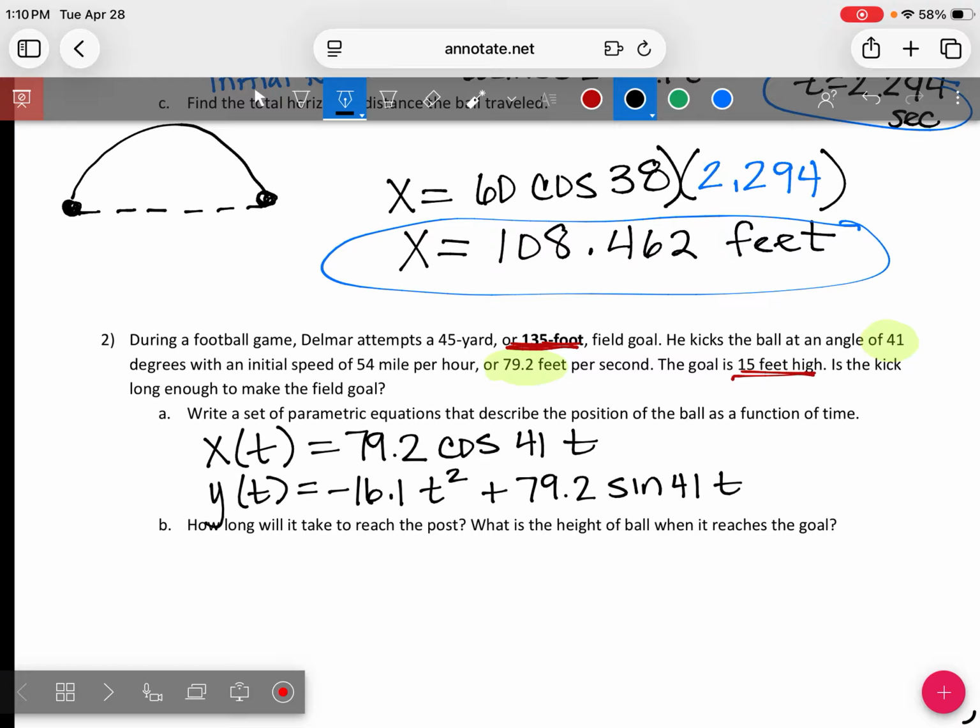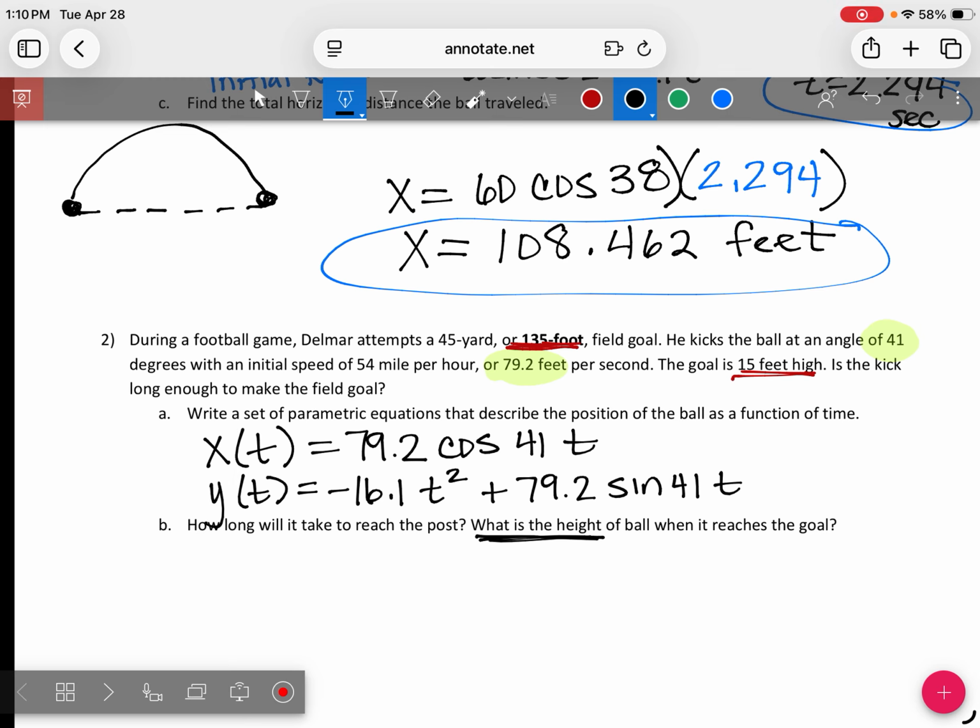So we need to know how long it will take for it to reach the pole. And we need to know how high the ball is when it reaches the goal. So we don't want to know when it hits the ground again.